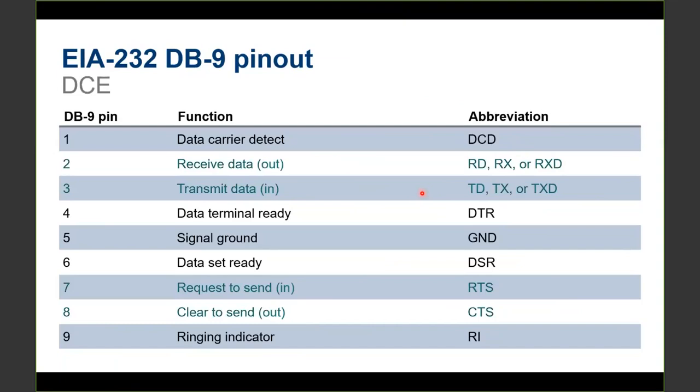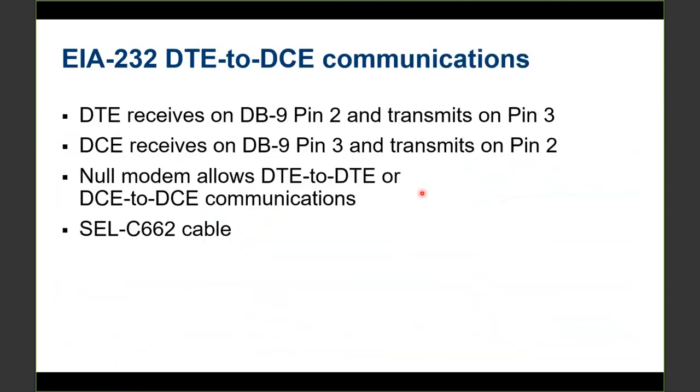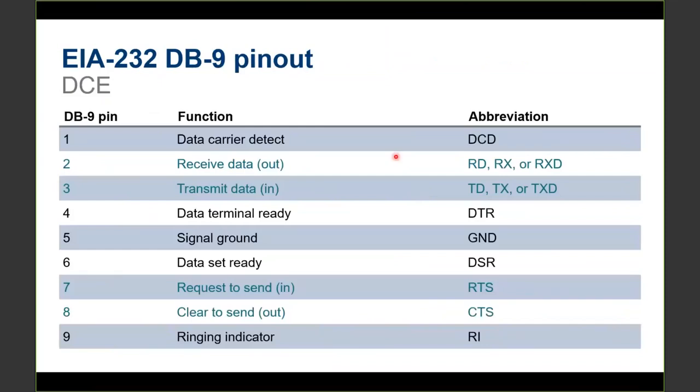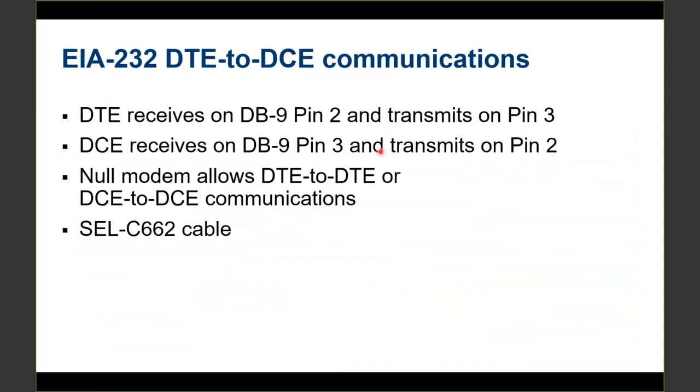Okay, so this is the DCE wiring. And again, keep in mind that this wiring here is basically what is implied when you say this is a DCE device. And this wiring here is what is implied when you say you have a DTE device. Okay. So from DTE to DCE communications, like I just spoke of and went through that exercise, this DTE receives the data on pin 2 and then transmits on pin 3, and then the DCE receives the data on pin 3 and transmits the data on pin 2.